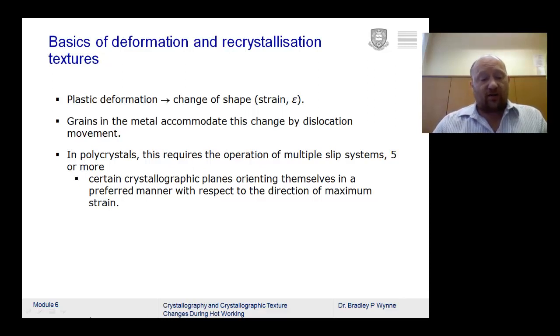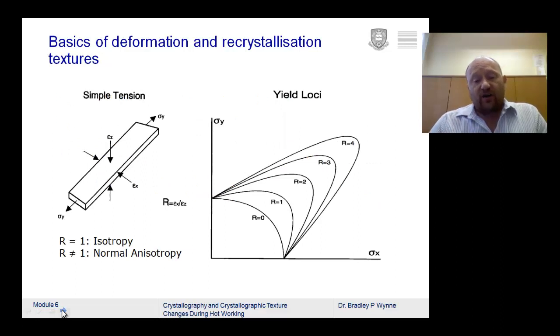We also have another interesting issue. Because our grains are orientated in different ways, we end up with a scenario where plastic deformation will be harder in certain directions than others. The first way that we can define this is looking at the so-called Langford coefficient, or sometimes known as R. Imagine I am pulling my sample in a tension test in the direction sigma y.